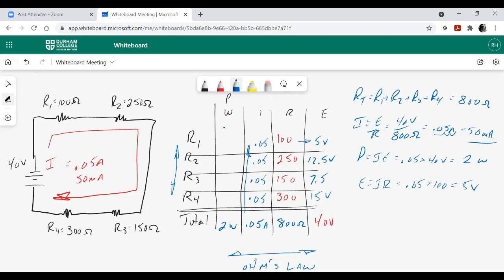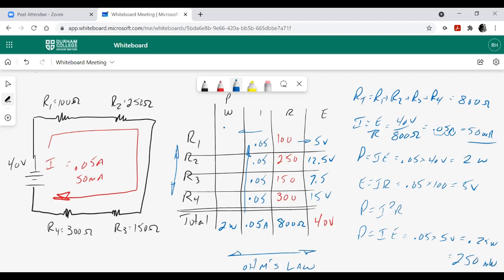So what I've got left then is to work this way and find my powers. P equals, however you want to do it. You want to use I squared R, that's fine. You want to use P equals IE, that's fine too. P equals IE is going to be 0.05 times 5 volts, which gives me 0.25 watts, which is 250 milliwatts.